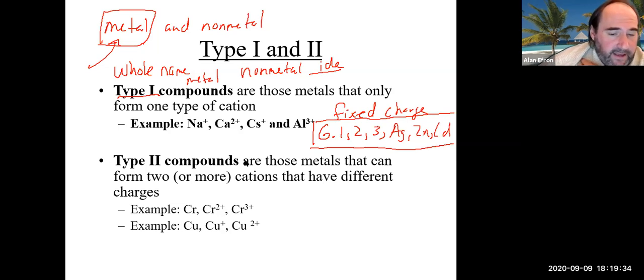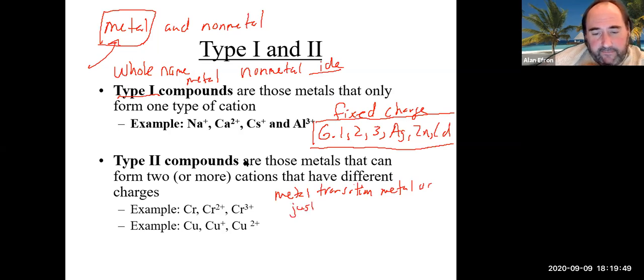Type 2 compounds are compounds where, again, the metal is the important part. The metal is going to be a transition metal, or just to the right of it, below the staircase.